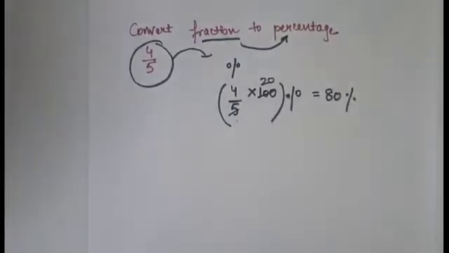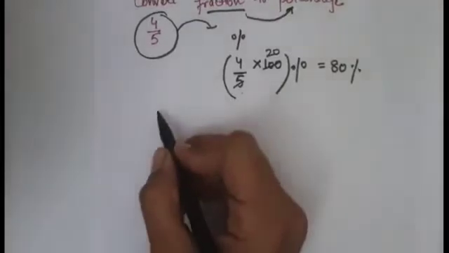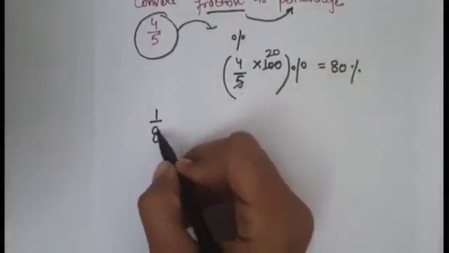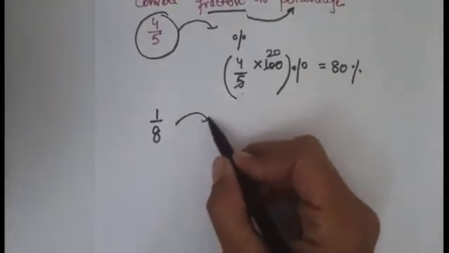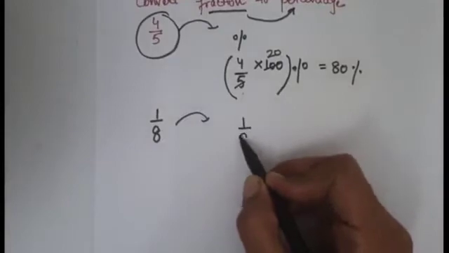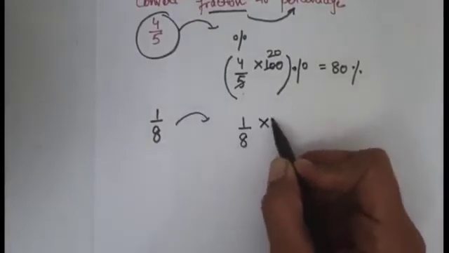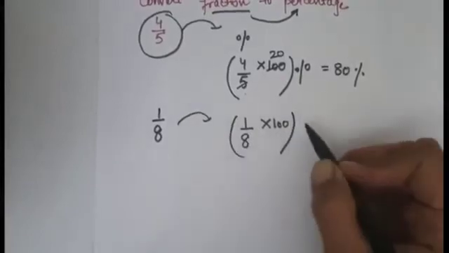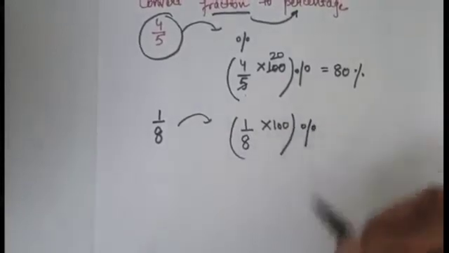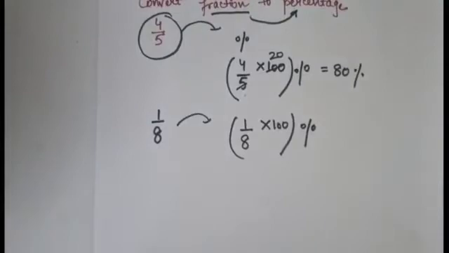80%. This is simple. Suppose we have to convert the fraction 1 upon 8 to the percentage. In the same way, write the fraction, multiply 100, put the bracket, then the symbol of percentage.